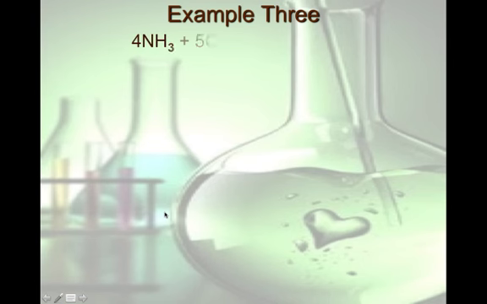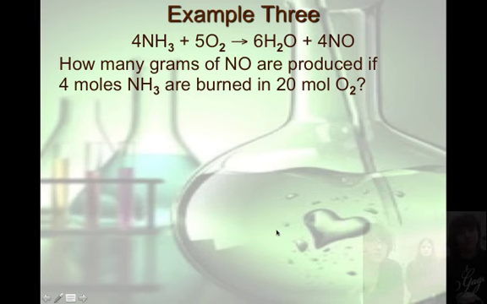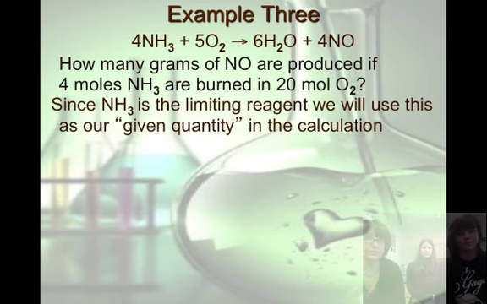So much for those recipes. Let's do something hard. You ready for something hard? Yeah. Bring it on, right? Okay, fine. How many grams of nitrogen monoxide are produced if 4 moles of ammonia are burned and 20 moles of O2? Well, we already know how many moles that's going to be. We just answered that, right? 4 moles of ammonia.